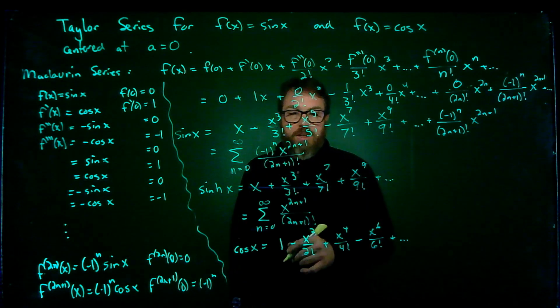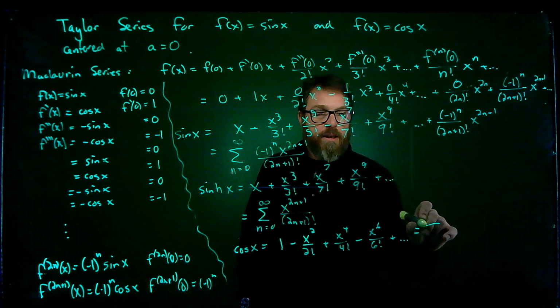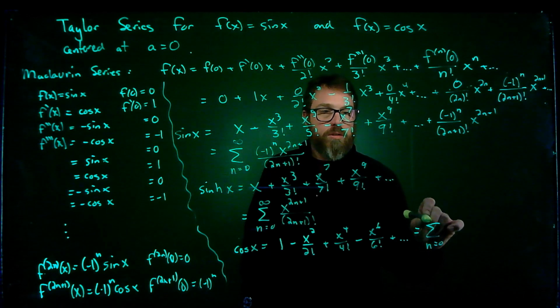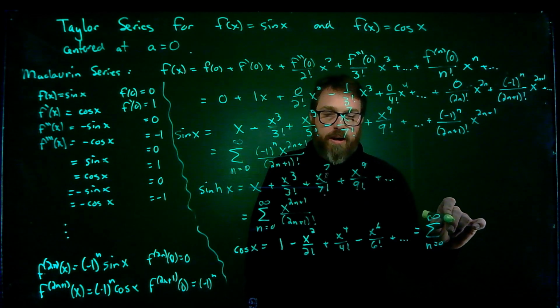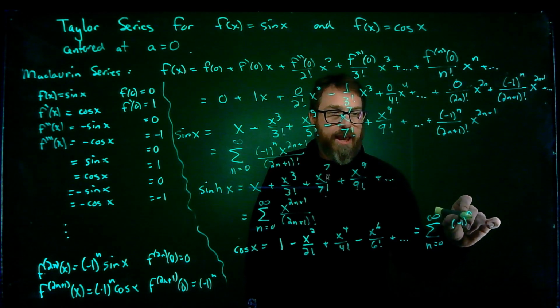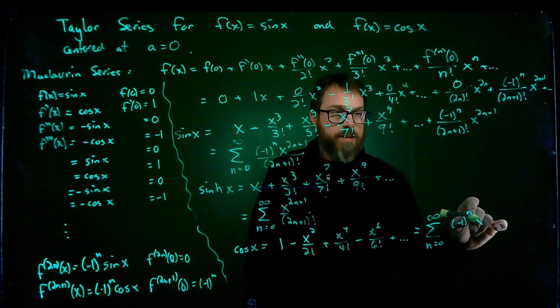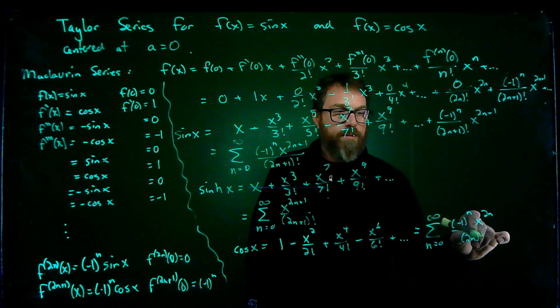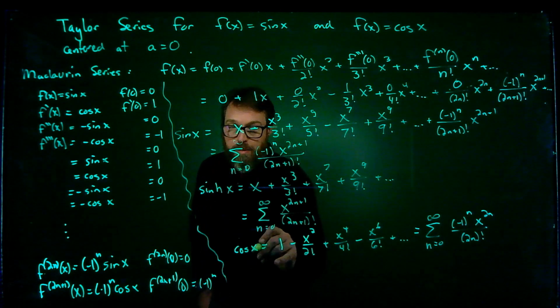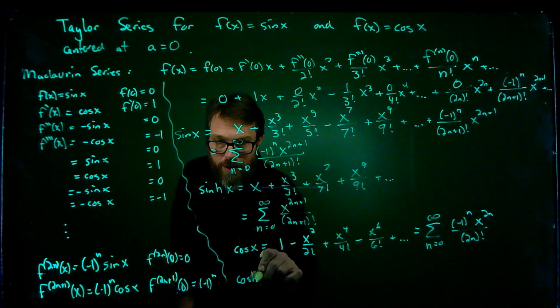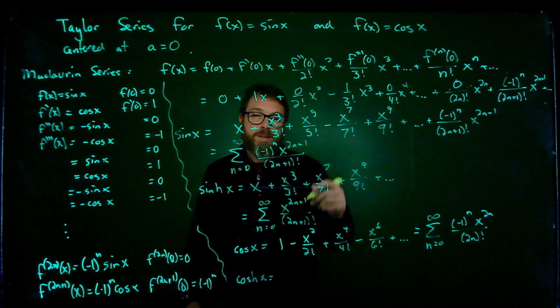So we know that this is equal to the summation from n equals 0 to infinity of negative 1 to the n times x to the 2n all over 2n factorial. And then very similarly, the hyperbolic cosine was the same thing, except it didn't alternate.